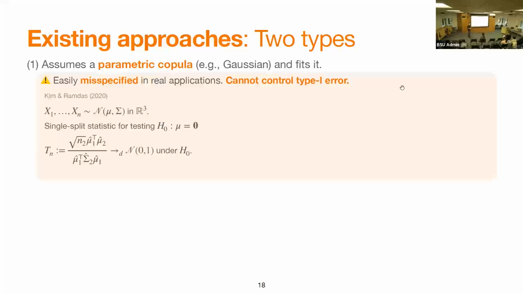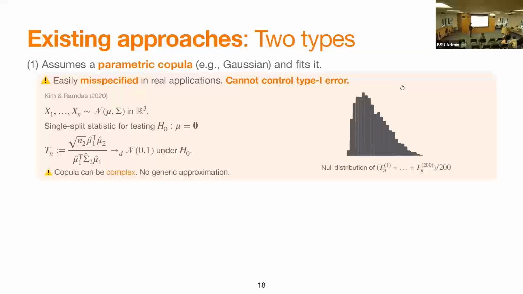It's not any standard textbook distribution. It's some very bizarre copula. I don't want to go into details, but it's quite commonplace that the copula is not any standard textbook parametric copula. So if you apply this copula fitting strategy, your model could be misspecified, and at the end of the day, you don't have type 1 error control.